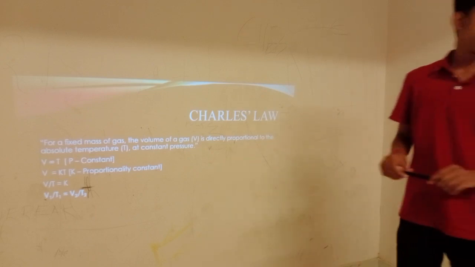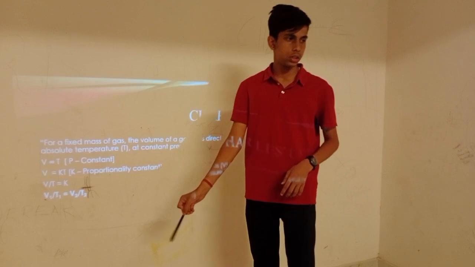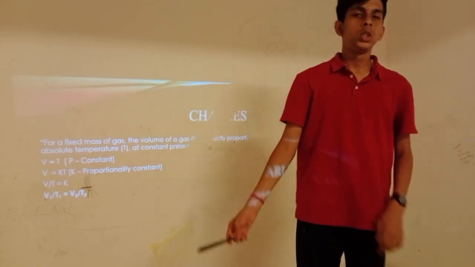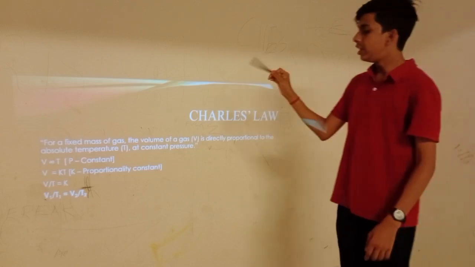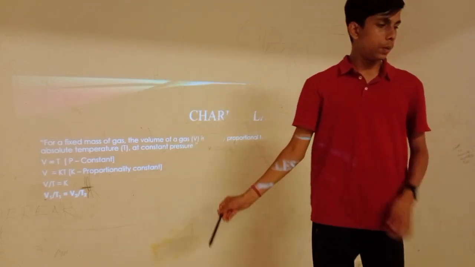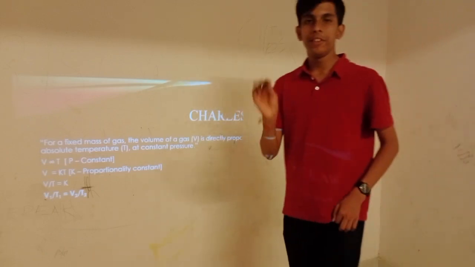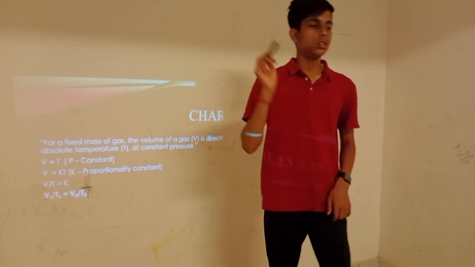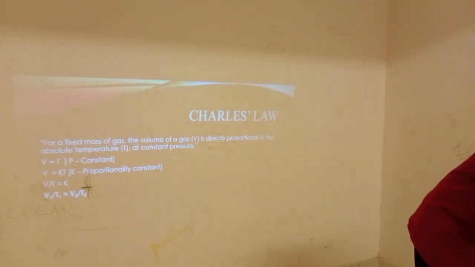To make any proportionality symbol into an equation, we add an equal sign and a proportionality constant, which I have taken as K. So we get the equation V is equal to KT. When we take T to the other side, V upon T is equal to K. Now, to derive the equation like the previous one, V1 upon T1 is equal to K, while V2 upon T2 is also equal to K. So the equation comes V1 upon T1 is equal to V2 upon T2.